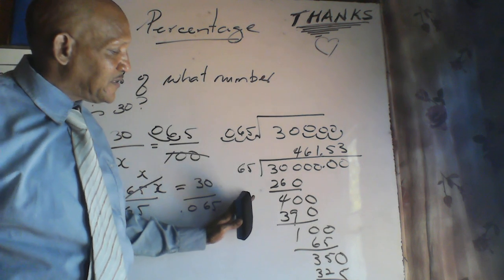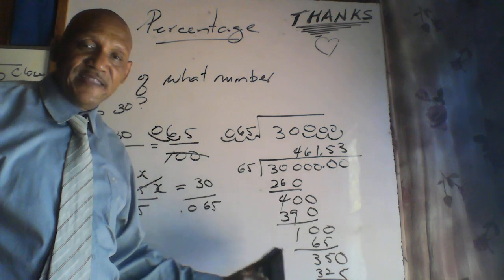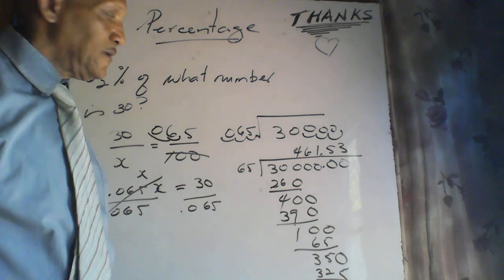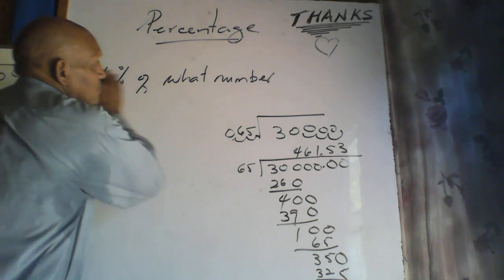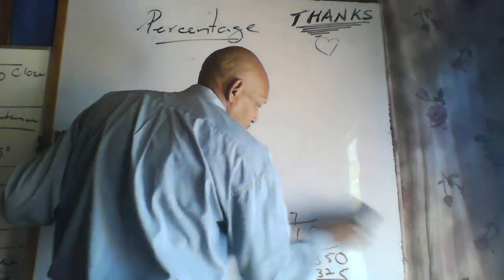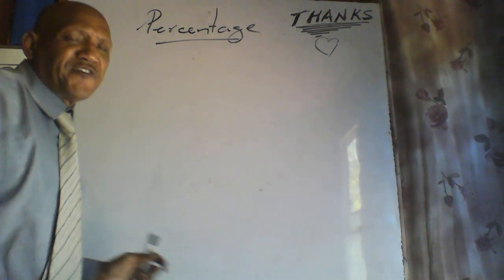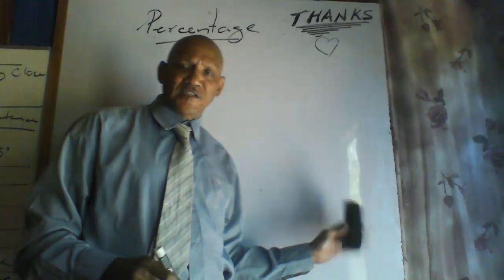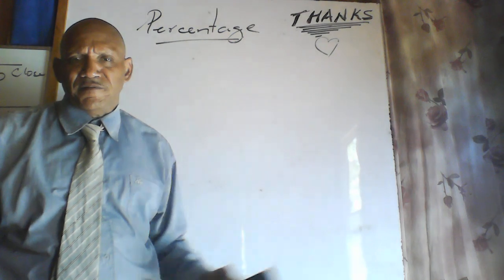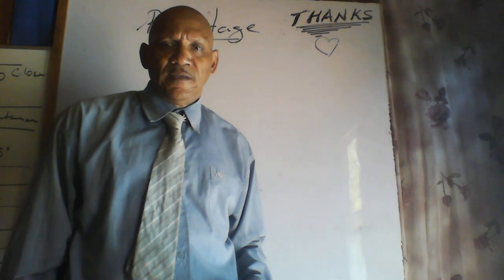Know your times tables, and you know how to divide, and you know how to multiply. But it's a rare case that you'll have to do a problem that requires such a long division to get the answer. Very rare. You'll very rarely see that.